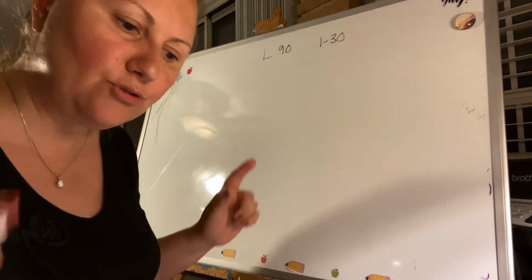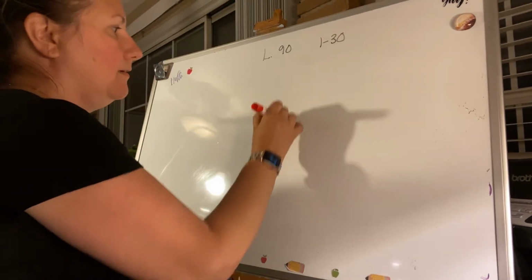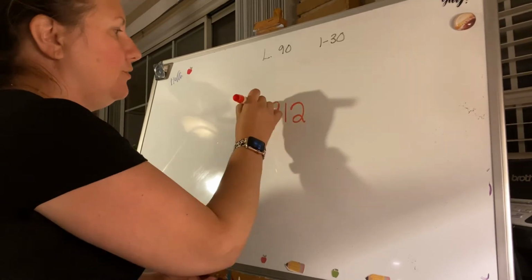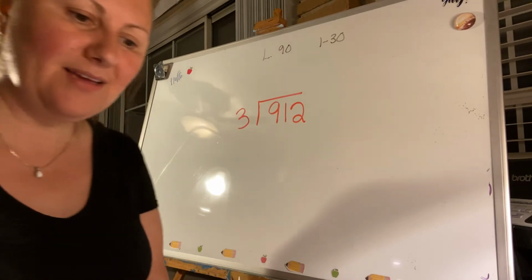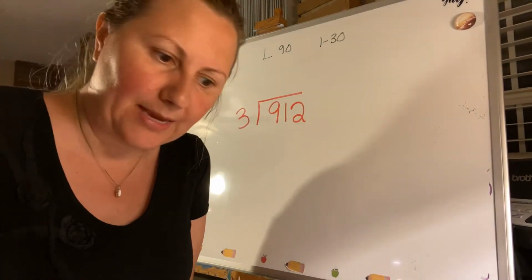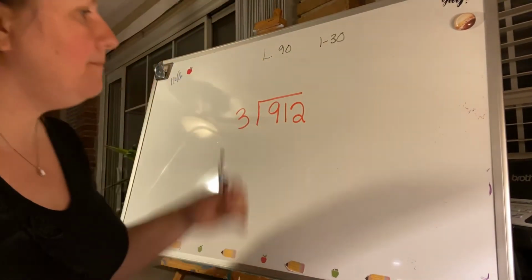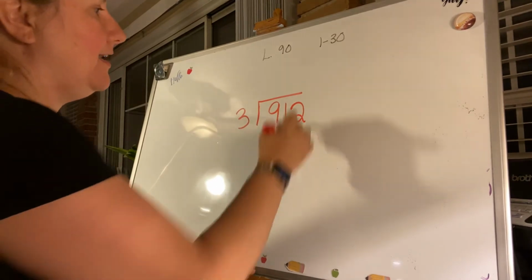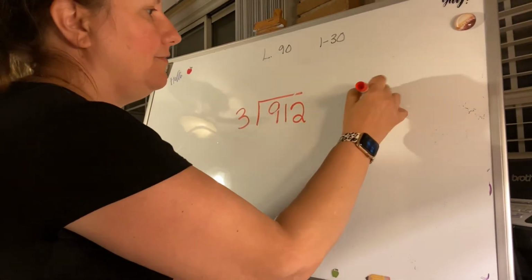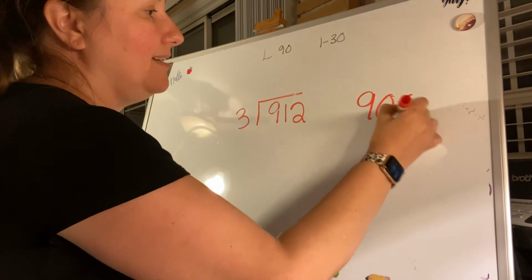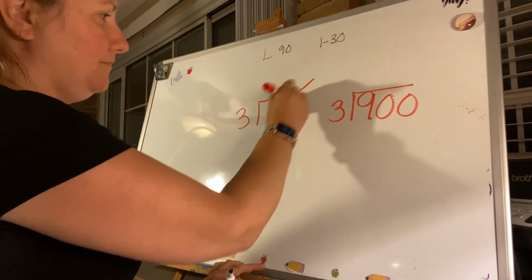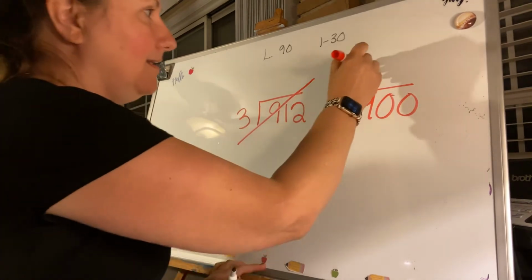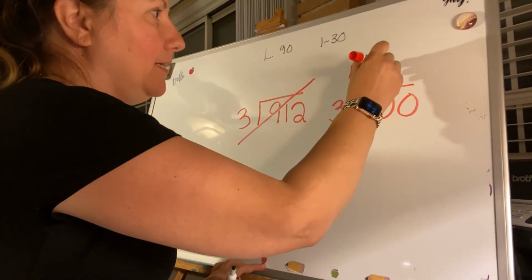When 912 objects are separated into 3 groups, okay? Except that we want an estimate. So what number should we use instead of 912 to figure this out? Well, it sounds like 900 would work. So let's do the estimate instead.